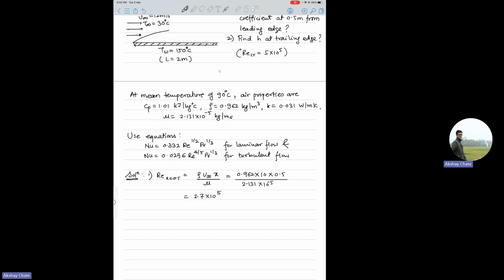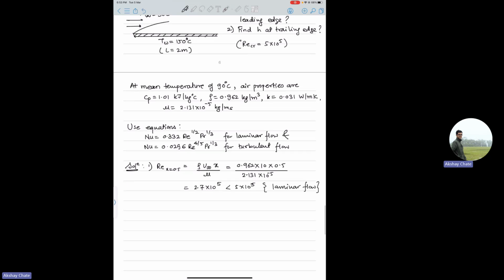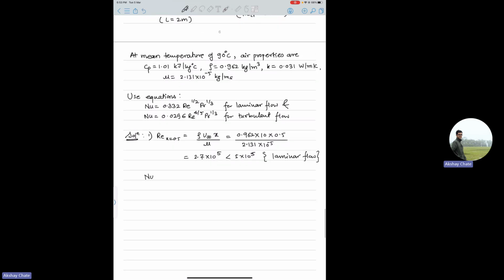So in this question they mentioned it should be less than 5 into 10 to the power 5. So since it's less than that, it is a laminar flow. So you'll use the laminar flow correlation, right? So this is your h x by k of fluid, 0.332, Rex we just calculated, and Prandtl number is nothing but mu Cp by k, right?